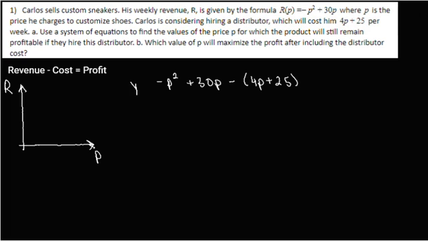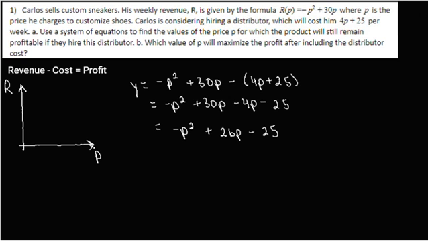We want to say Y equals that. Just call it Y. So Y is going to equal negative P squared plus 30P minus 4P minus 25. We're distributing that negative 1, giving us negative P squared plus 26P minus 25.